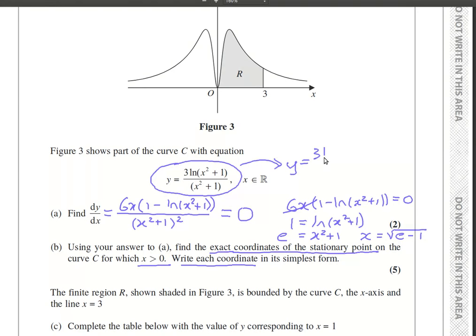So you're going to get 3 ln(e minus 1 plus 1). Well, they cancel. Over e minus 1 plus 1. They cancel again. But what is ln of e? Well, it's just 1. And so you get 3 over e for the y coordinate.